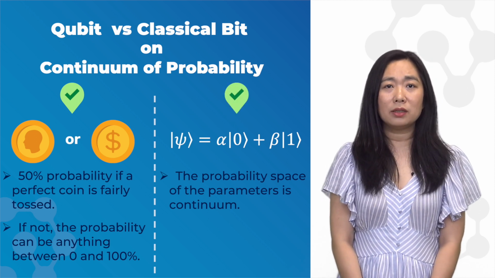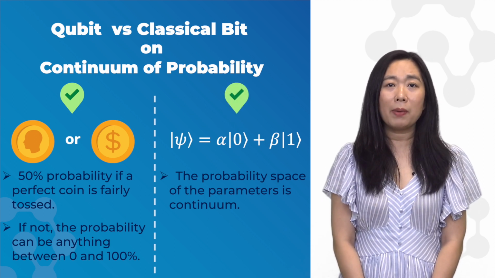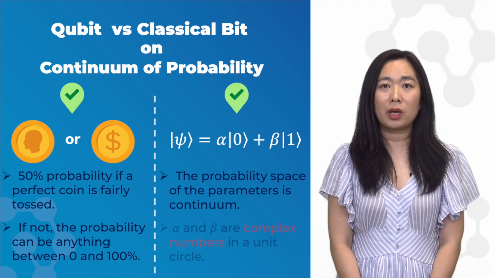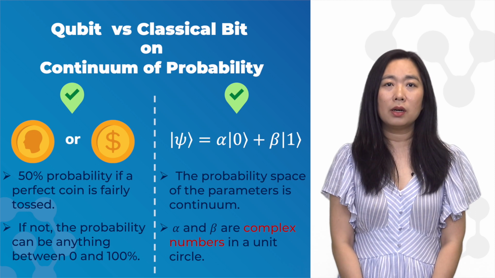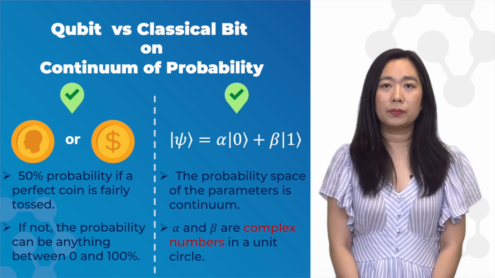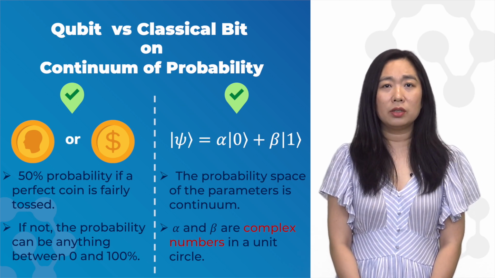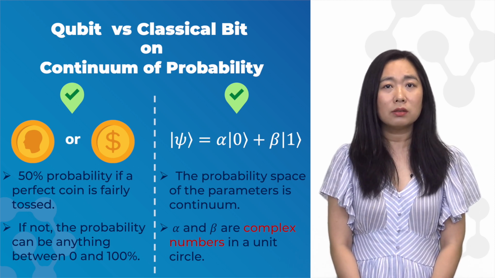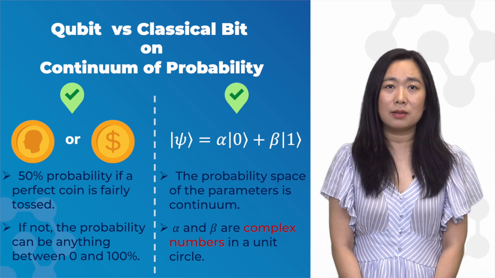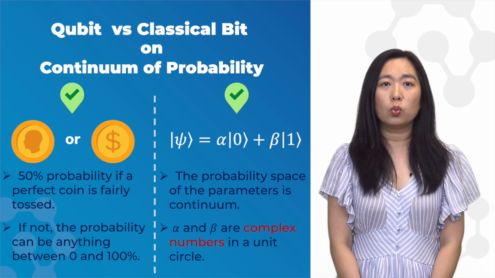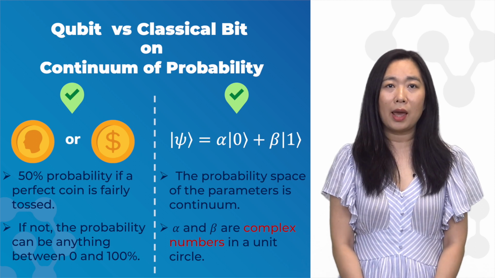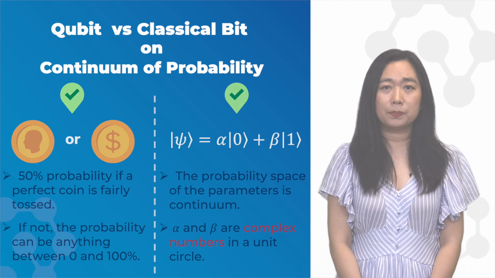This originated from the continuum in the parameter space of the probability amplitudes, which can be any complex number in the unit circle. The introduction of complex numbers for the description of a qubit is counterintuitive to our common sense, and this is one of the major differences between the quantum world and the classical world.